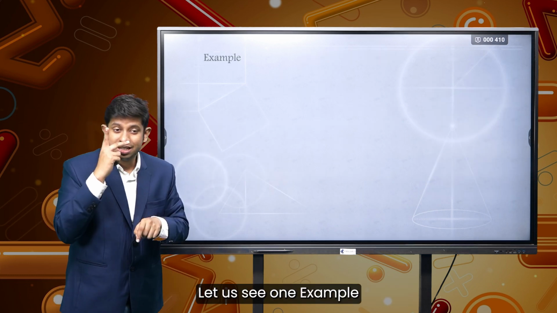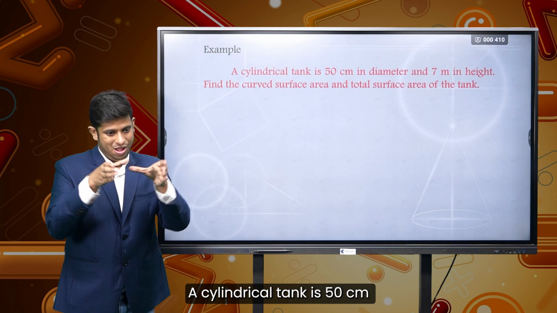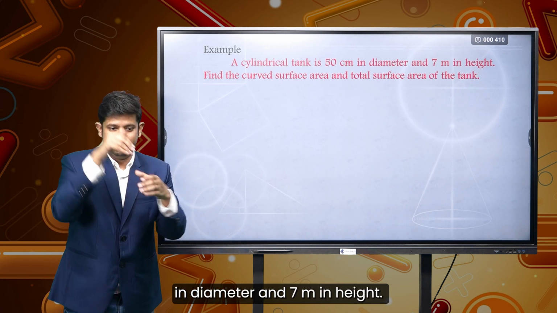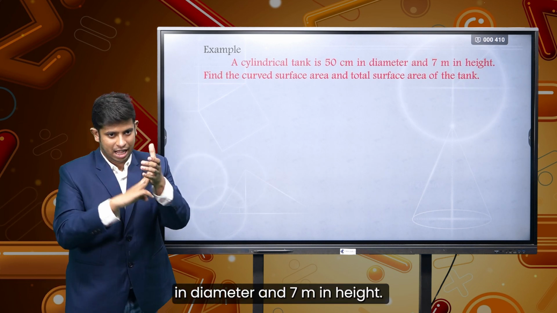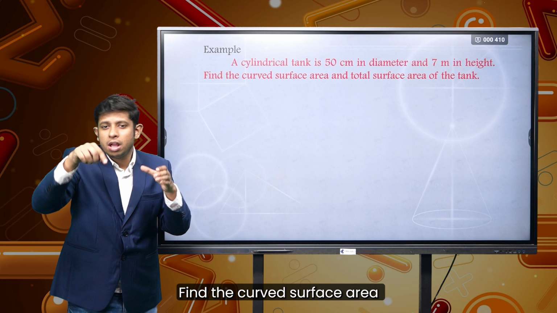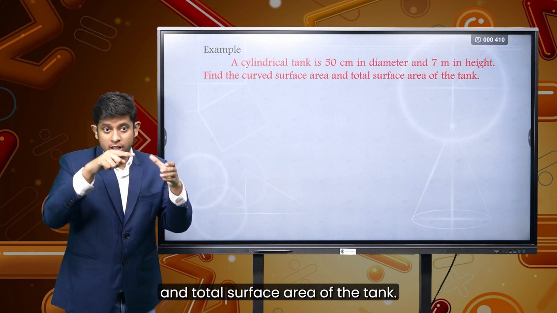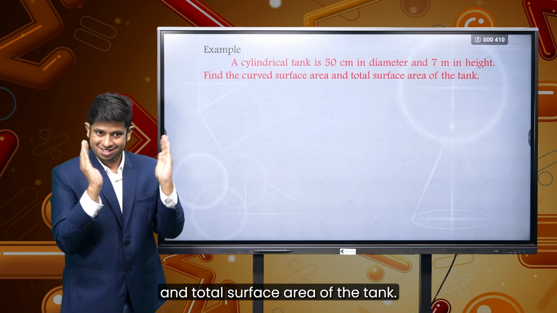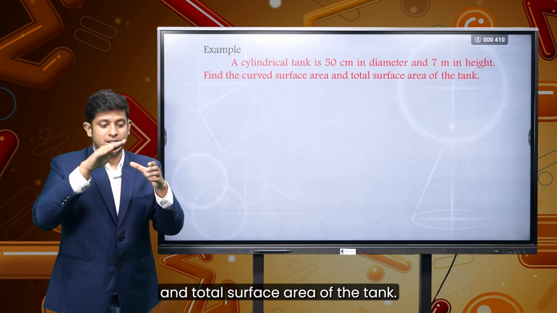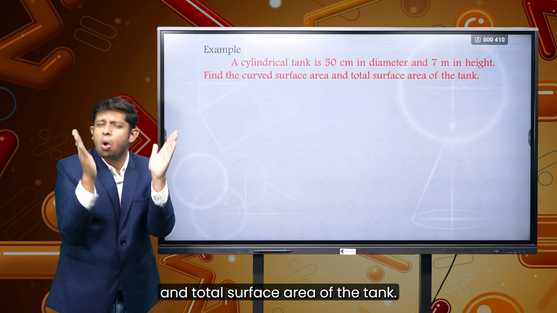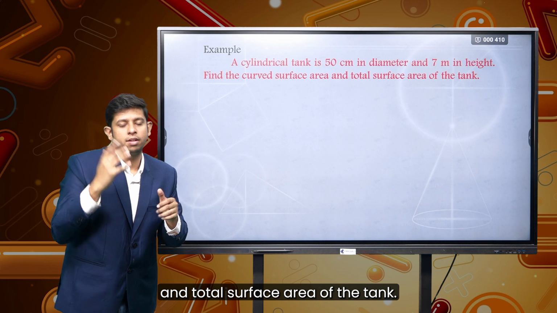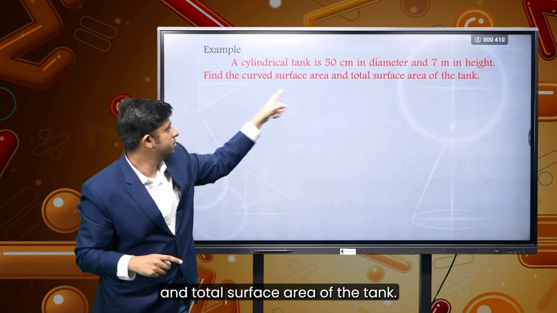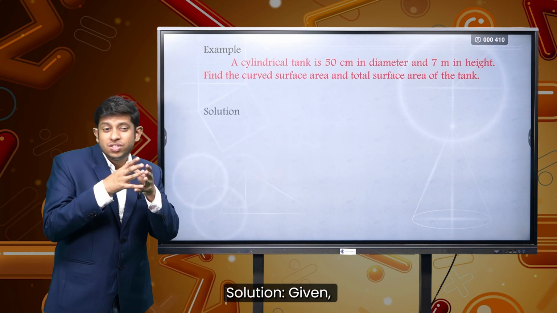Let us see one example. A cylindrical tank is 50 cm in diameter and 7 meter in height. Find the curved surface area and total surface area of the tank. Solution.